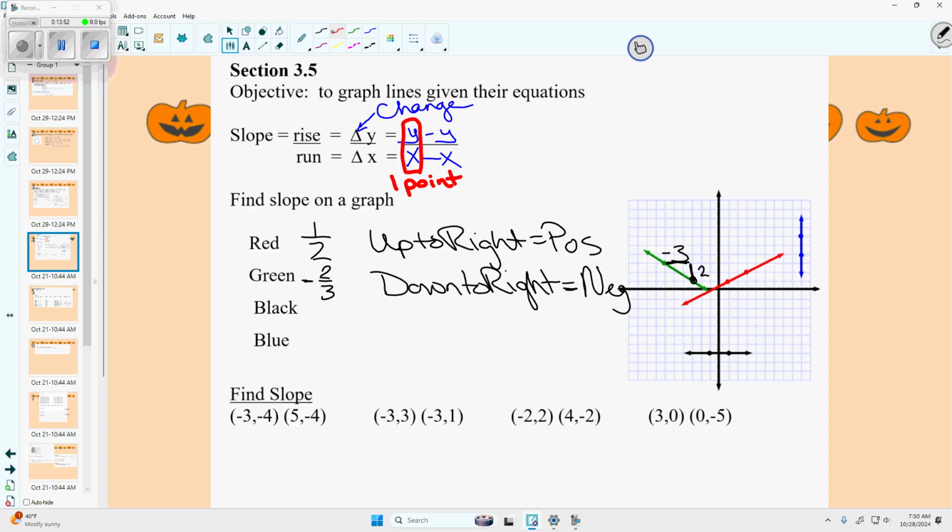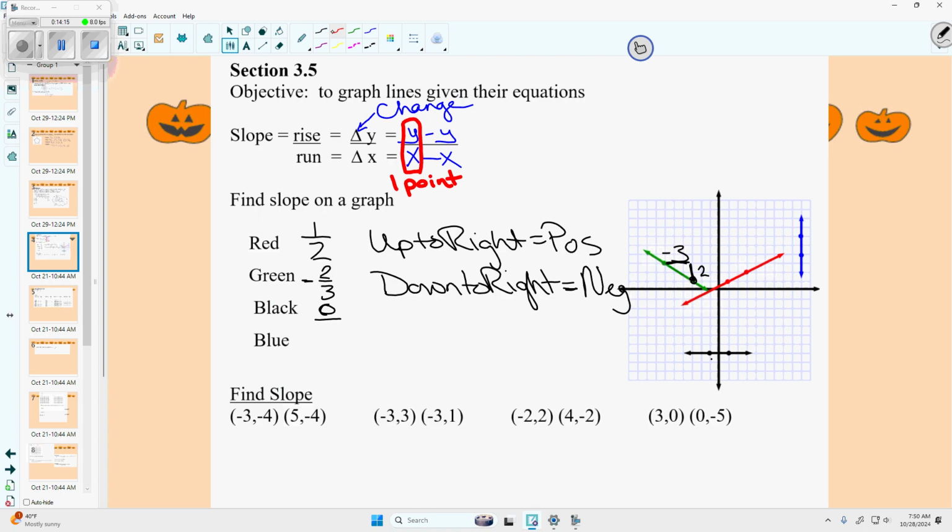All right, then the black one. The black one's down here at the bottom of the graph. What's my rise? What's my run? What's my rise? 0. We're not going anywhere up or down. What's my run? 3.